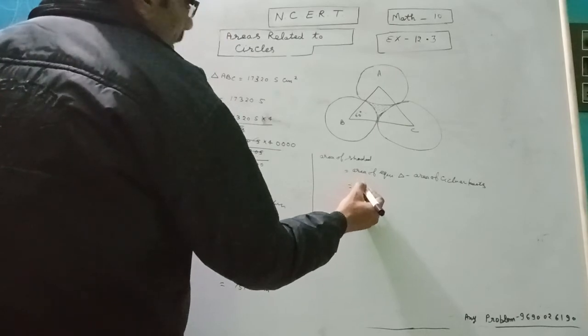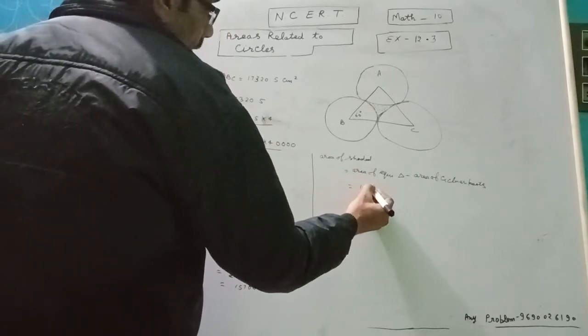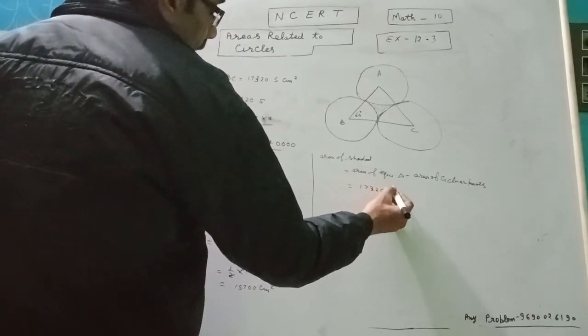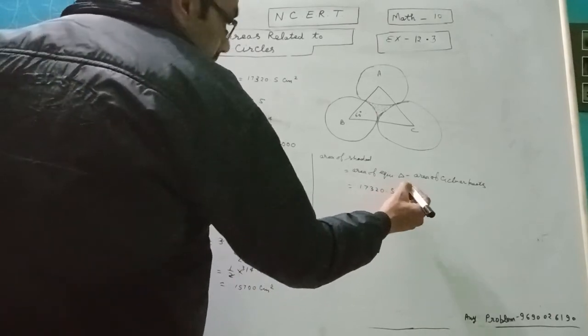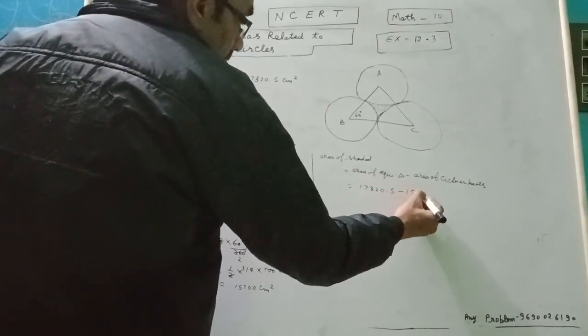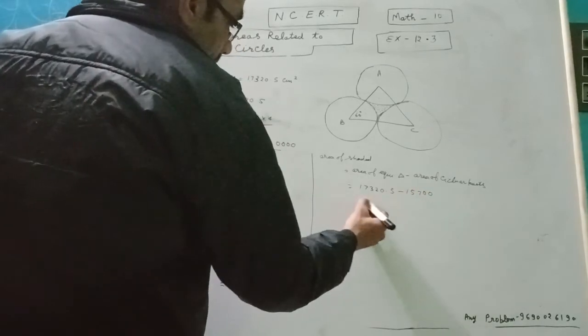Area of equilateral triangle is 17320.5 minus 15700.